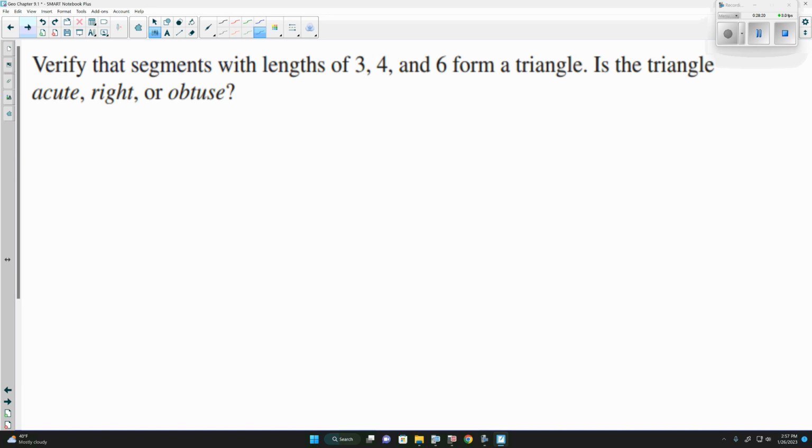The Arabs at the same time had the same theorem, but had already proven it true for irrational numbers. They knew it was going to be irrational. The easiest one is side lengths of 1 and 1. The hypotenuse is the square root of 2. They had already proven that at the same time. So they actually had it more advanced.